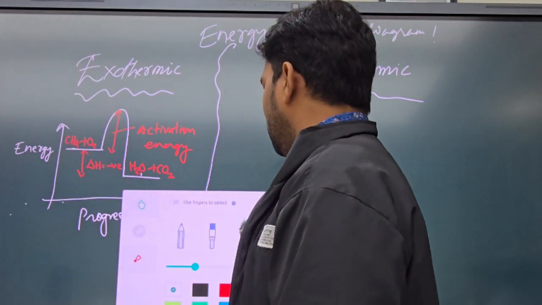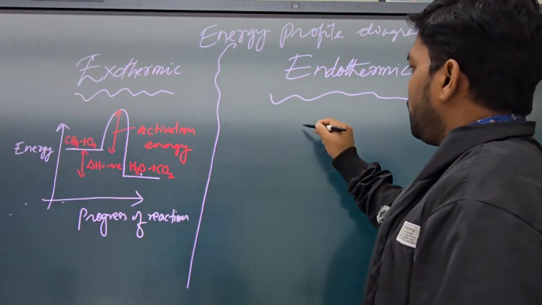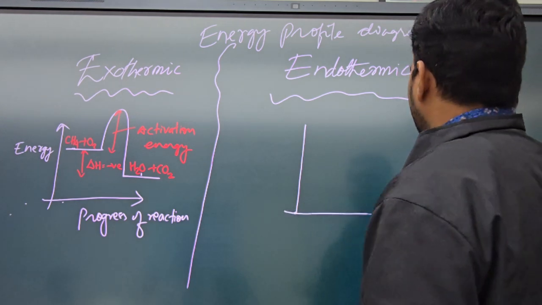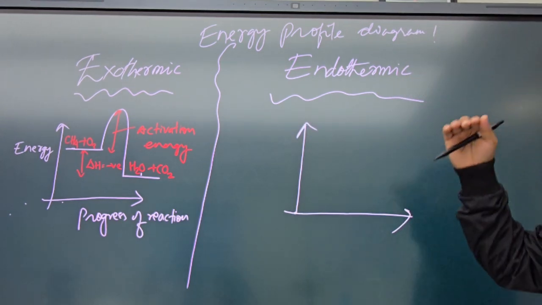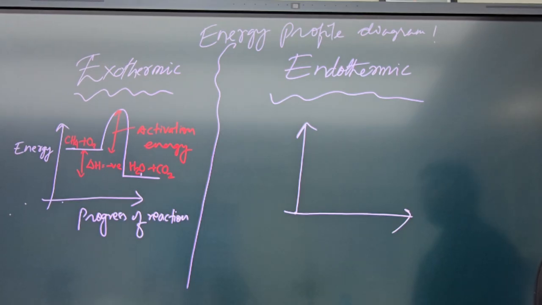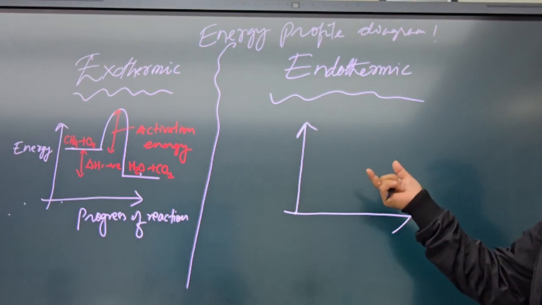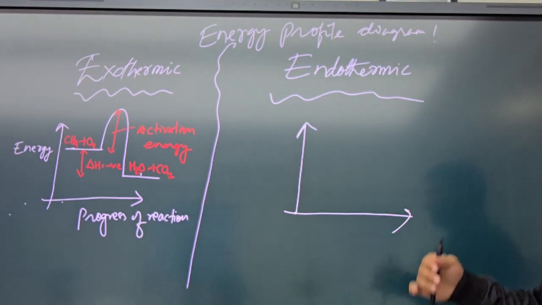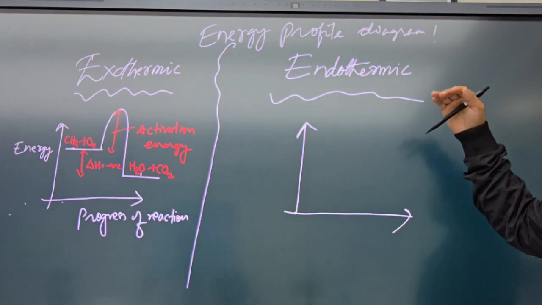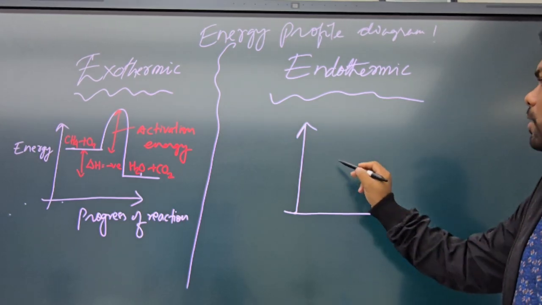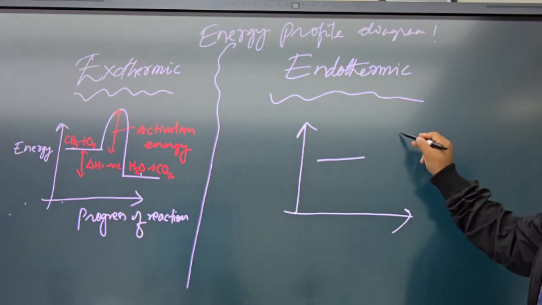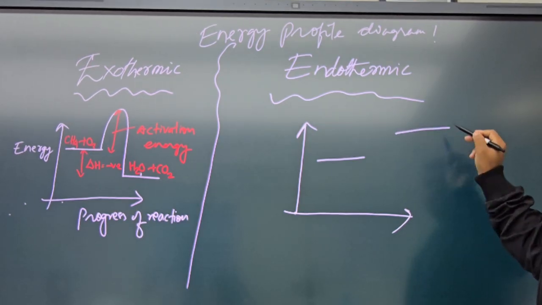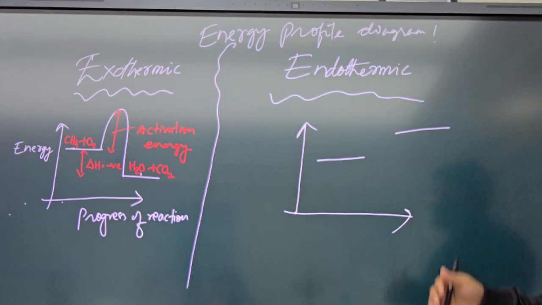However, the profile diagram for the endothermic reaction is just the absolute opposite. Because in an endothermic reaction, heat energy is being absorbed, so the product has to be higher in energy. How can it be done? This is your reactant, for example, and the product has to be larger, so above the reactant.